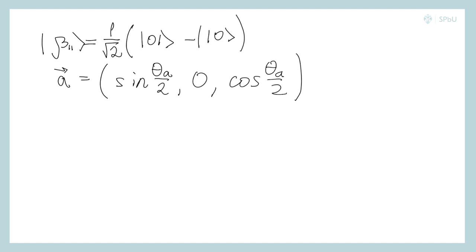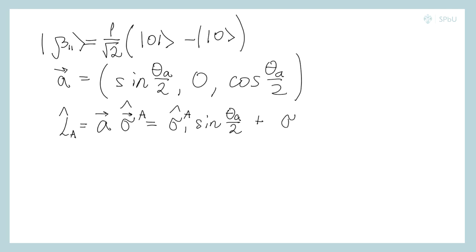So the operator for the observable LA, that is the fermion spin, is LA with hat equals A multiplied by sigma A with hat. And this is, since we got our A direction, equals sigma 1A with hat sine theta A in half plus sigma 3A with hat cosine theta A in half.